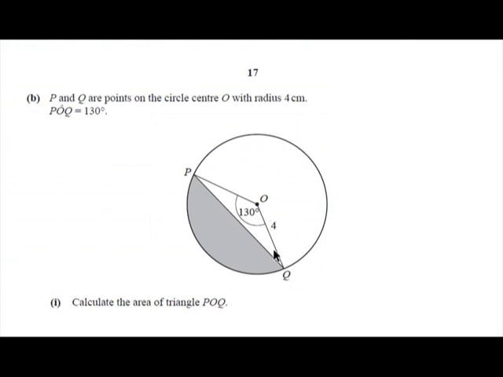So take that down: area of a triangle, half AB sine theta, where theta is the angle between the sides. If we call that your A and you let that be your B, we know that the length from O to P is equal to 4.